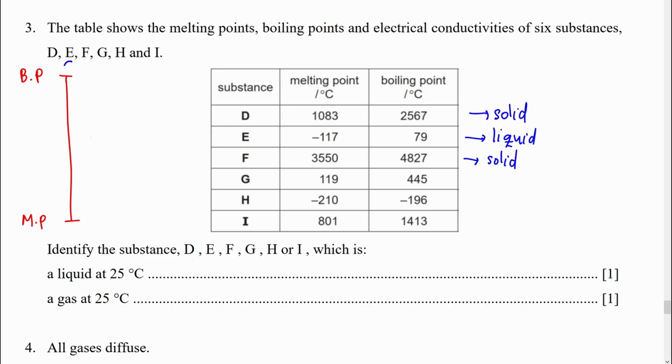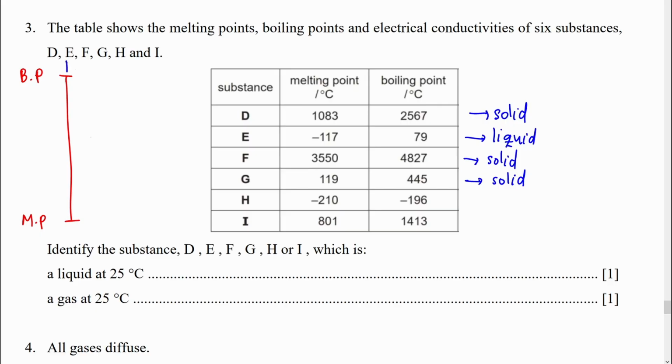Now let's take substance G. The boiling point is 445 and the melting point is 119. So where is 25? Still in here, right? So it's below 119, which is below melting point. So that's why the substance is also solid in here. The physical state is also solid.